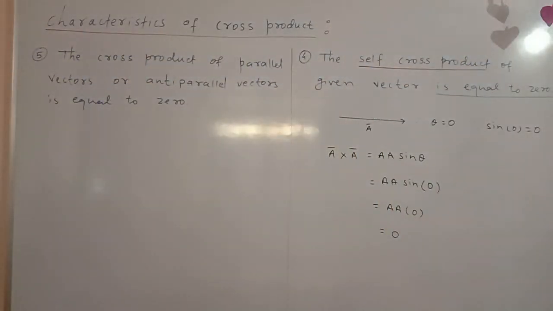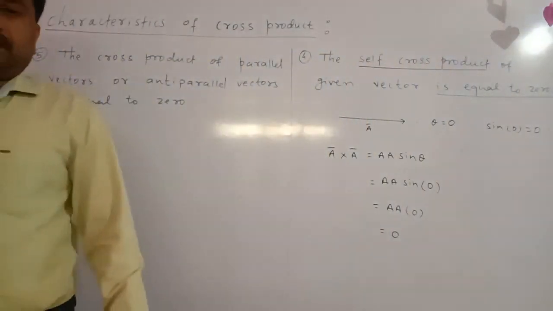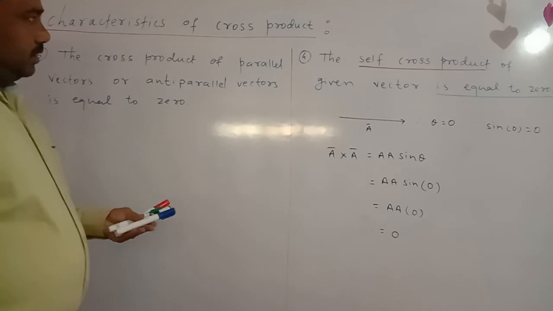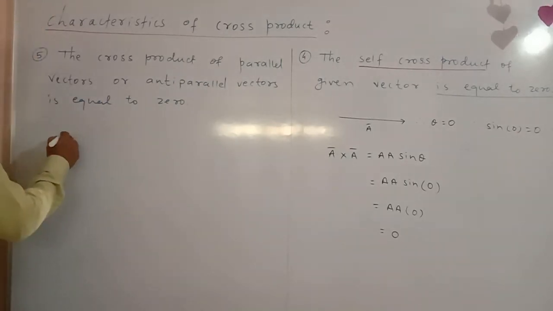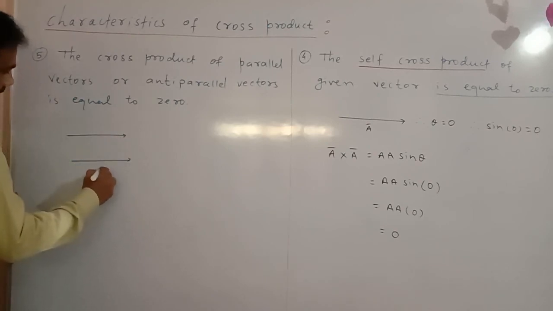In this case, two vectors are parallel or anti-parallel. For that purpose, draw two vectors, vector A and vector B.